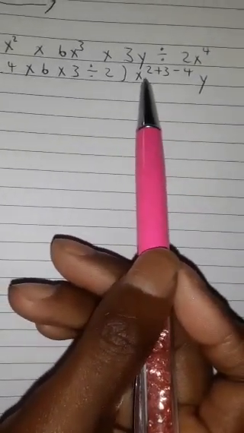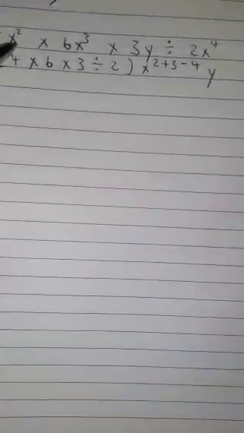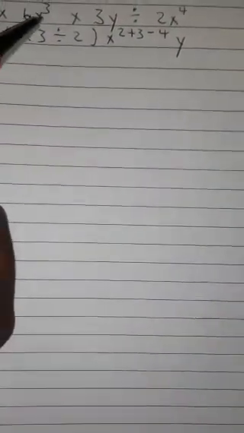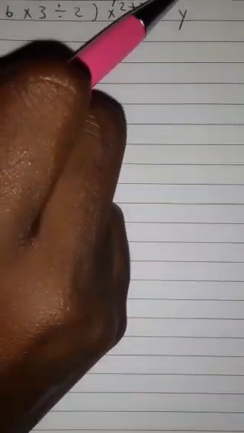Then as we continue, is x, the x from here, 2 plus 3, remember it's the same symbol, so it's plus, it's 3, and then we put 4, the reason being because there's y over here, so that is why it's negative 4, and then the y is 1, so there's no need to put 1 here, right?